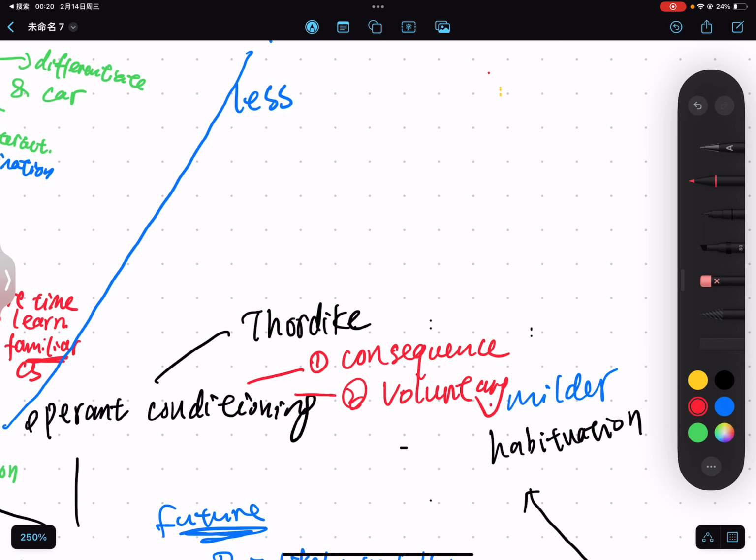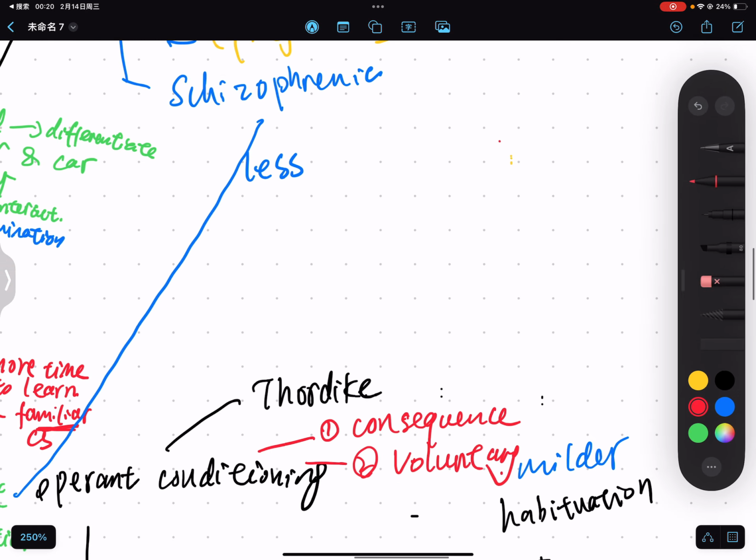The type of consequence divides it into four parts.